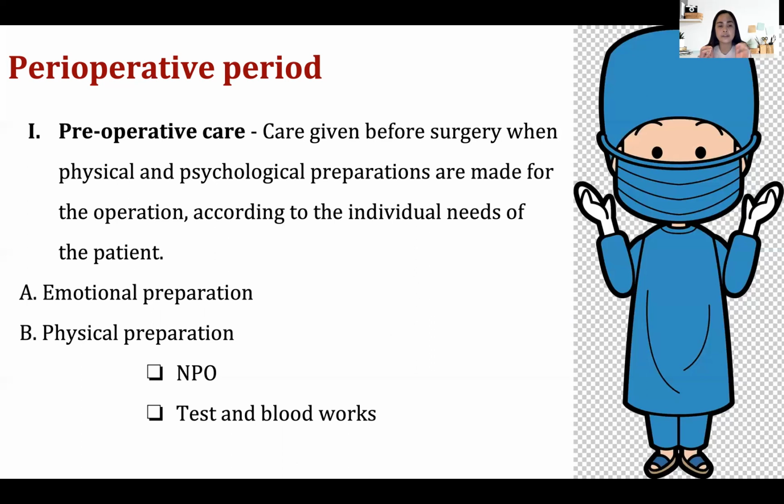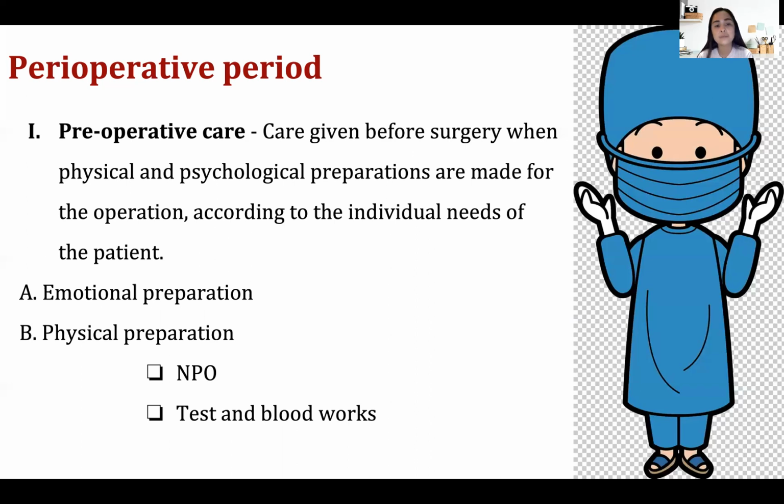Next are tests and blood works. Any patient undergoing any procedure or surgery should first have tests and blood works. We should help them, for example, with a lipid profile. What is a lipid profile or cholesterol test? This test needs fasting.